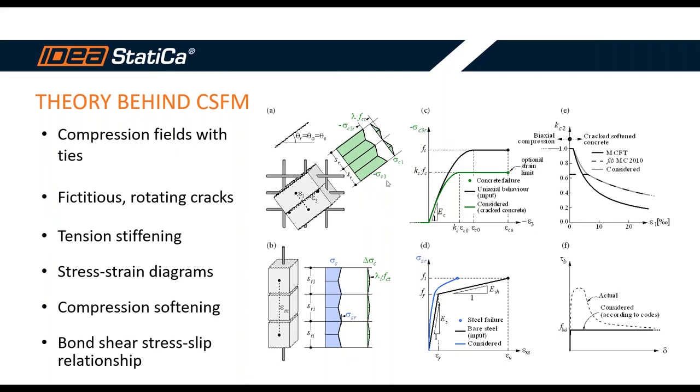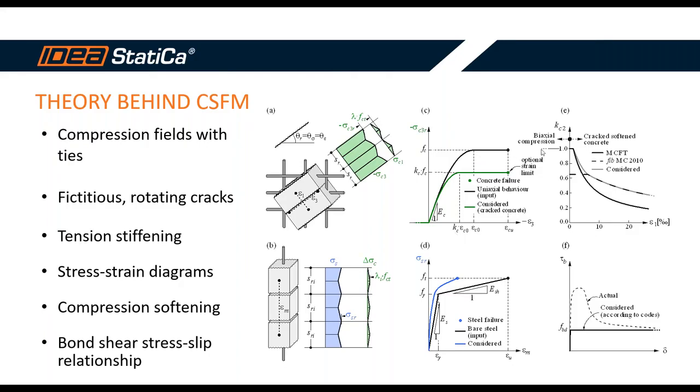Sorry. So the tension stiffening effect is depicted in picture D. As you can see, the stress-strain diagram of the reinforcement, and the blue curve represents tension stiffening. Then we have another aspect, compression softening, which is depicted here, which is automatically calculated based on the biaxial stress state.